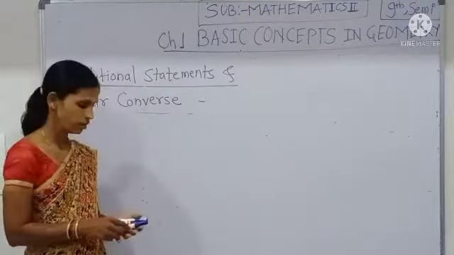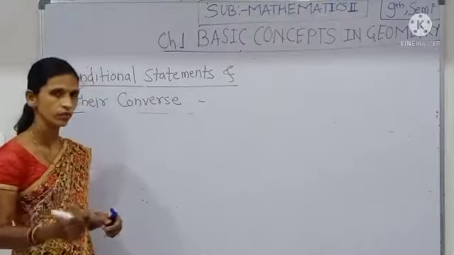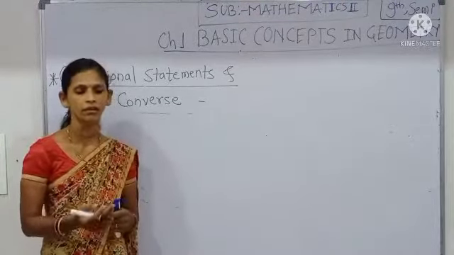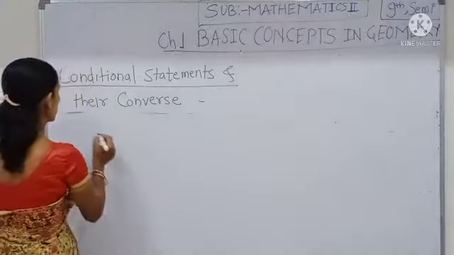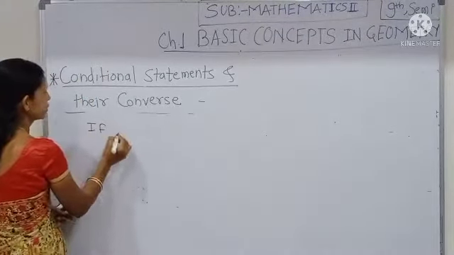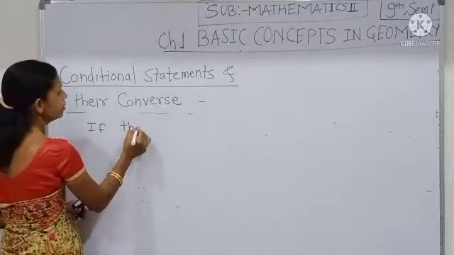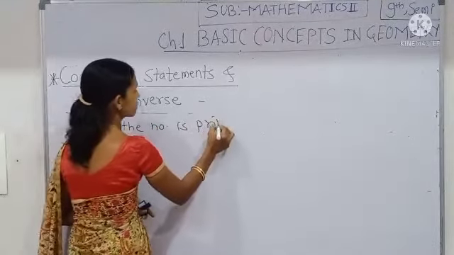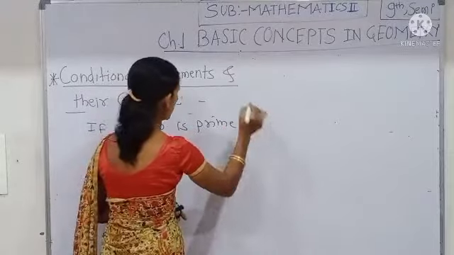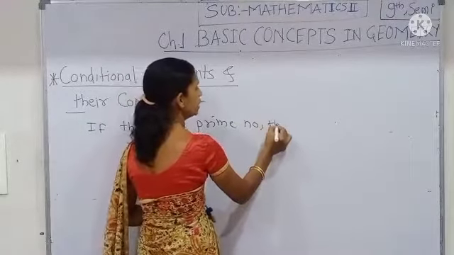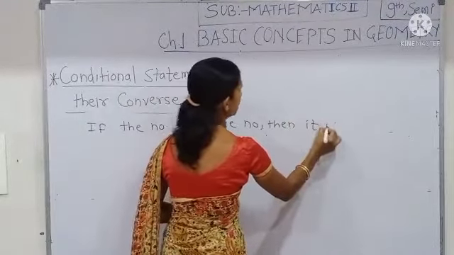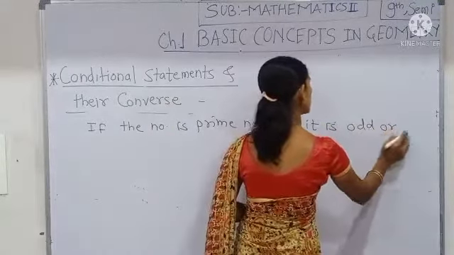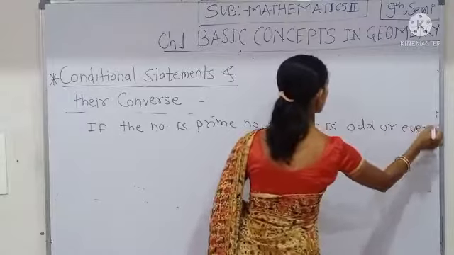Here is one more example of a conditional statement and its converse. If the number is a prime number, then it is odd or even.